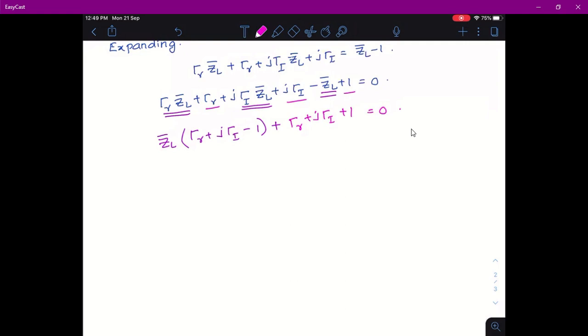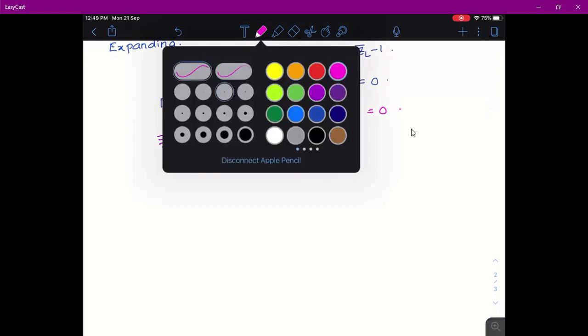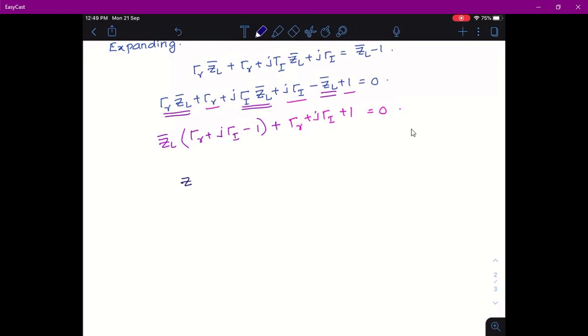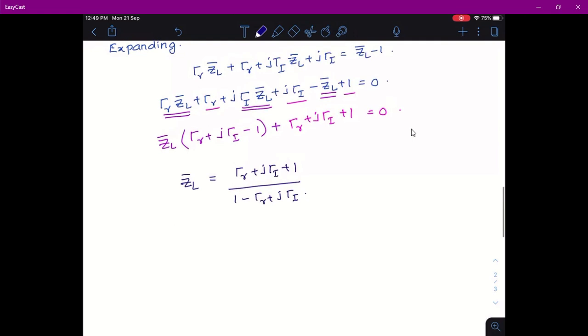Now let's bring everything to the right except ZL bar. So I can write ZL bar is equal to tau r plus j tau I plus 1 by 1 minus tau r plus j tau I. When you bring it to the right, you have a minus sign which goes into the denominator, so everything changes its sign.